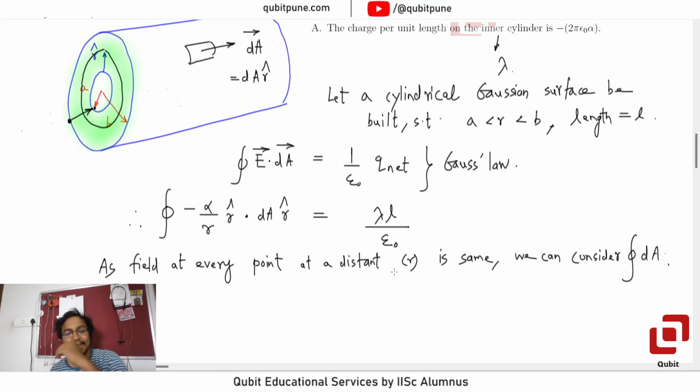No need for integrating the field, because it is constant. So what are we going to get? Negative alpha by r, r cap dot r cap is 1, and 2 pi r l is the integral of dA.